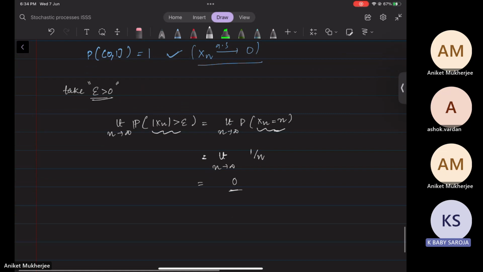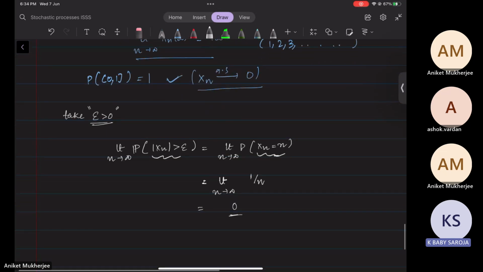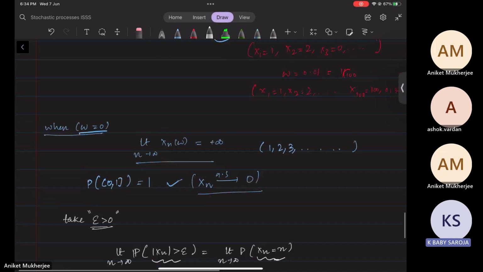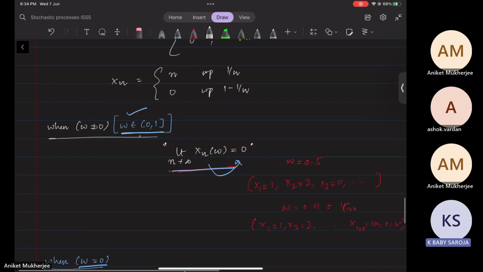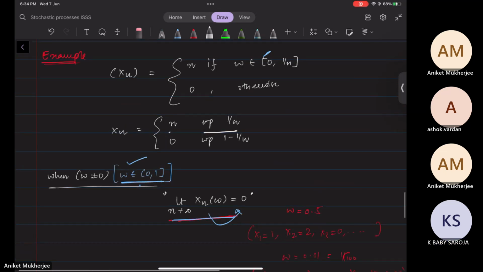One more doubt. Probability of Xn equal to n, how could we say that it is 1 by n? Yes, I took that while defining the sequence of random variables Xn.